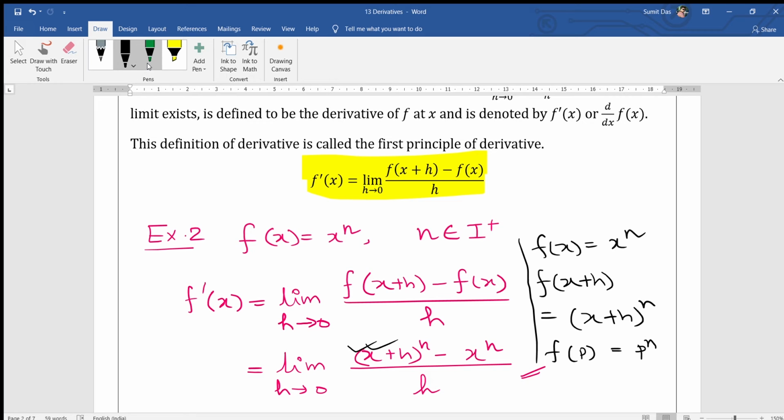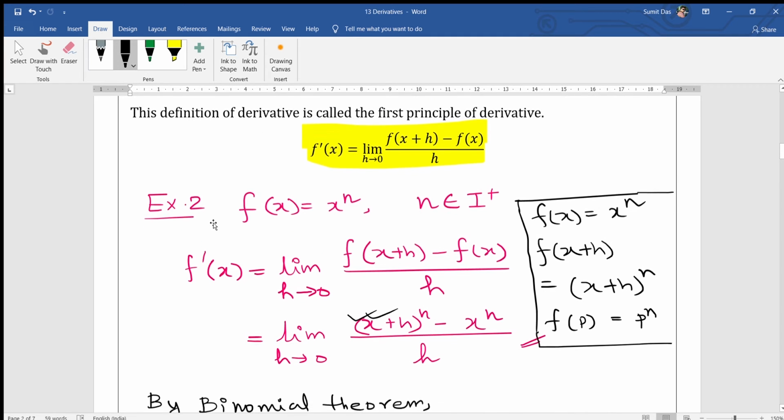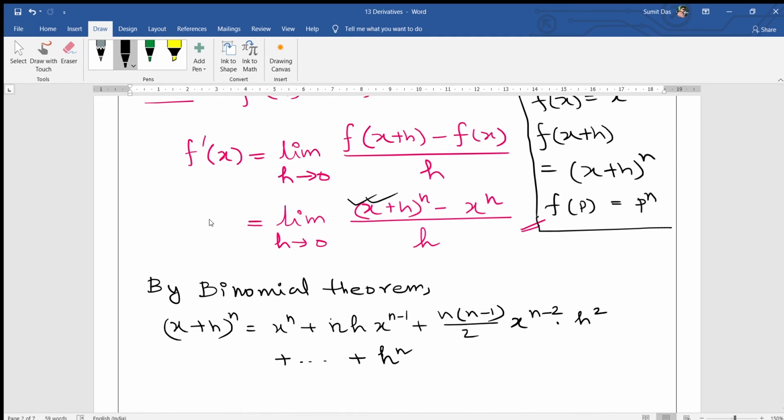Am I clear now? This is just putting in the value of the function. Is it clear now, up to this step?